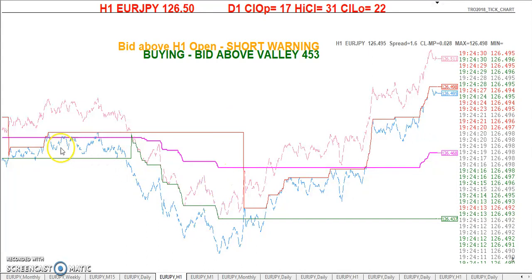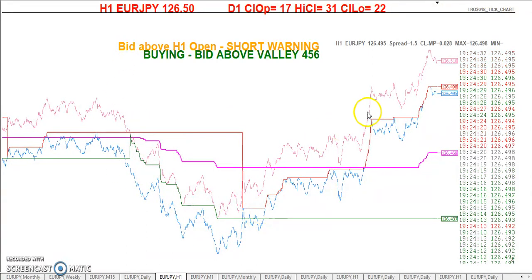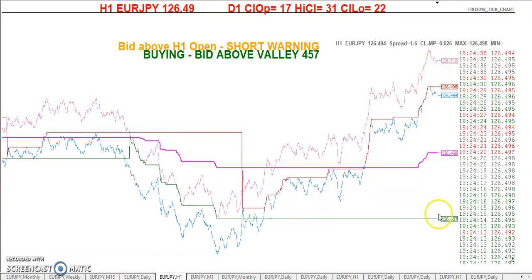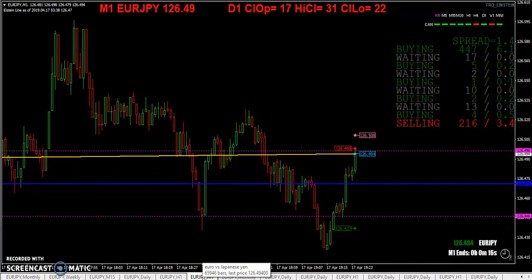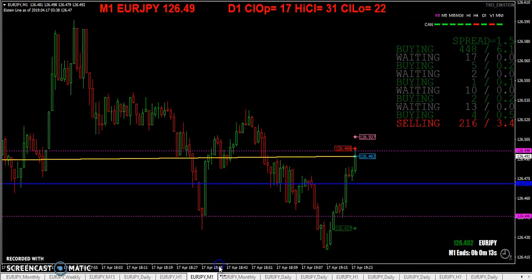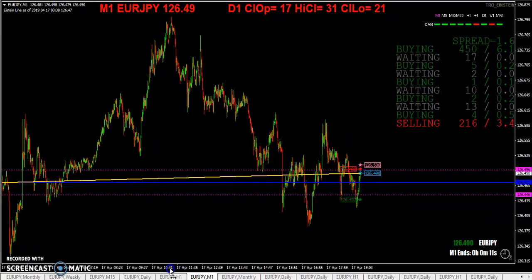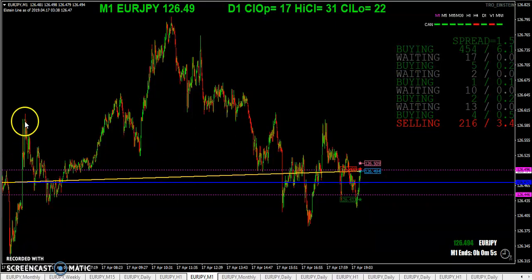And as you can see here, back to the euro yen. We had a little dip. Now we had a little rise. So we're talking about 6, 7 pips of price movement. And you can see from whence I turned on the computer, we've got the Einstein lines here. So it's way back here.